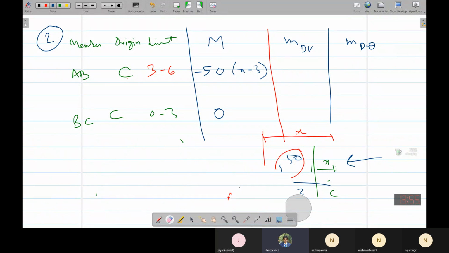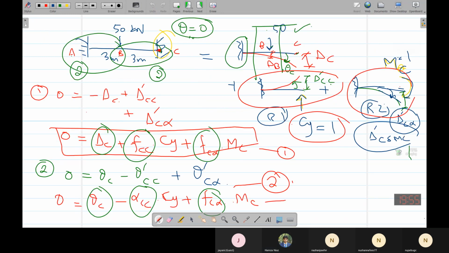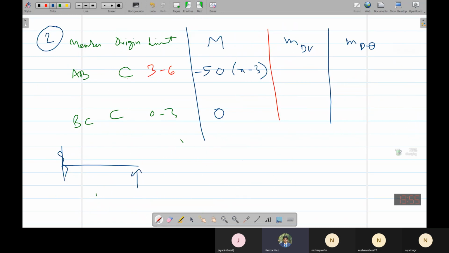So this one was our C1 upward direction. This one is 1, and this one is our second unit structure 1. So this is the point.